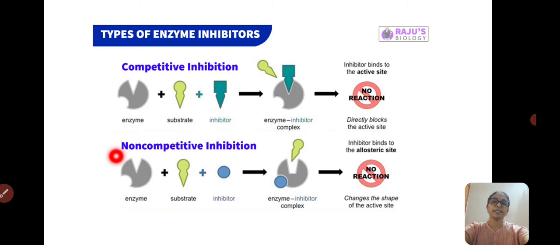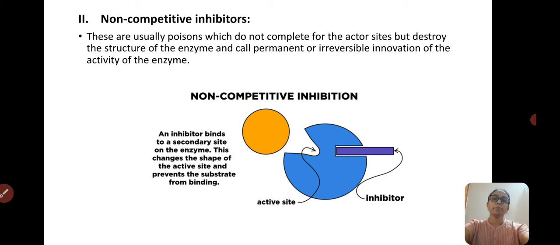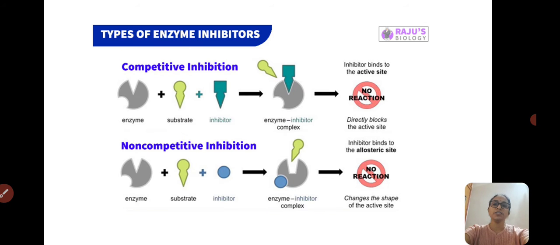The active site is V-shaped here, but it becomes totally changed when the inhibitor acts upon it, and thus no reaction and no product formation takes place in both types of inhibition.